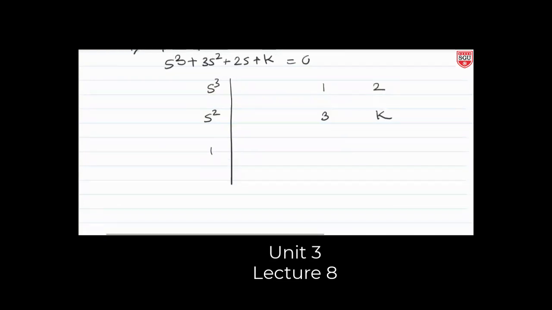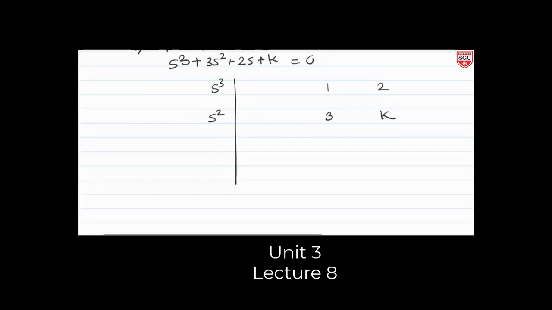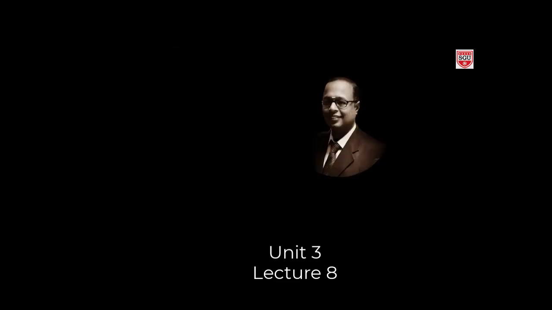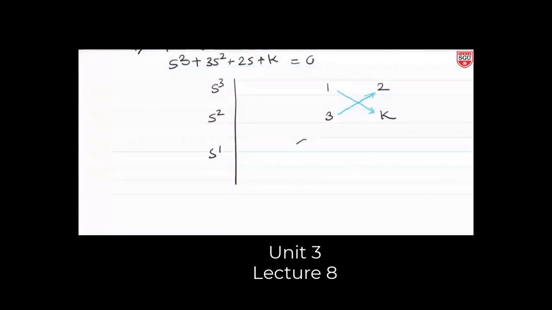Tell me the answer. S raised to 1 is the multiplication of this with the multiplication of this, divided by 3. So the answer will be 3 multiplied by 2, means 6 minus k divided by 3. Here it will come 0.